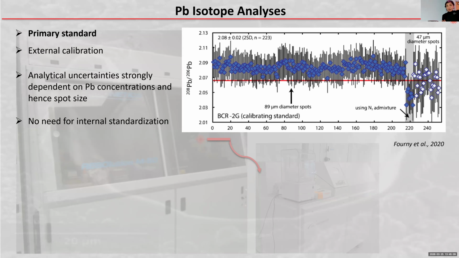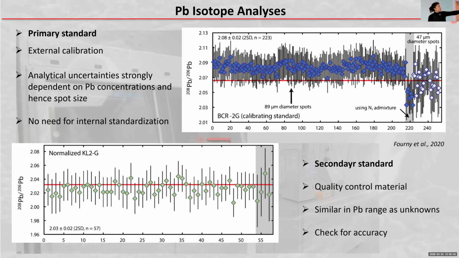So we admix, as we usually do for trace elements, a little bit of nitrogen to enhance the plasma temperature, intensity and stability. And you can see that the uncorrected data for the primary standards really shifted downwards. And you can see that with shifting spot sizes, you get a lot of scatter. Lead isotopes are extremely sensitive to the sensitivity. It really doesn't matter where it is as long as it's consistent for the primary standard, because you then refer your samples to that very value.